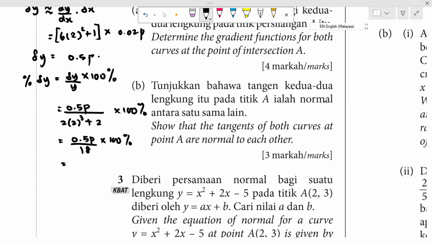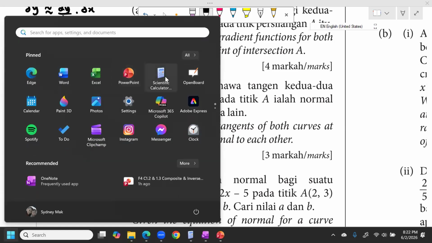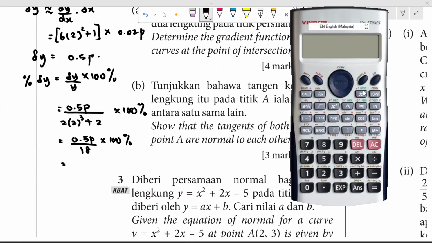Use calculator lah. 0.5 divided by 18, actually is 36. Alright, times 100. Wow, okay. Change to an improper fraction.